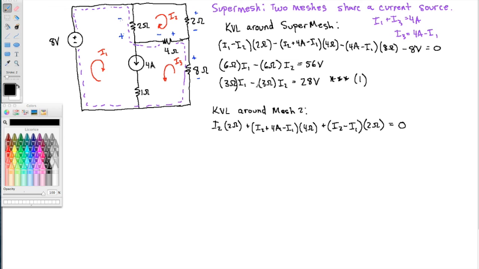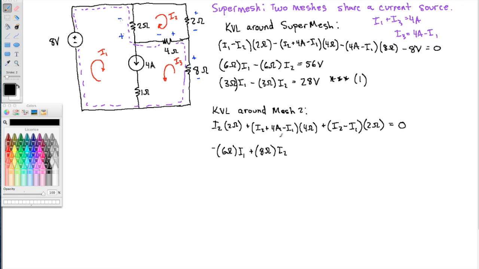Now let me put it in the same form as equation 1. So the I1s, I've got a minus 4 and a minus 2. So this is a minus 6 ohm times I1. For the I2s, I have a 2 ohm and a 4 ohm, so that's 6, and another 2, so that's 8, plus 8 ohm I2.